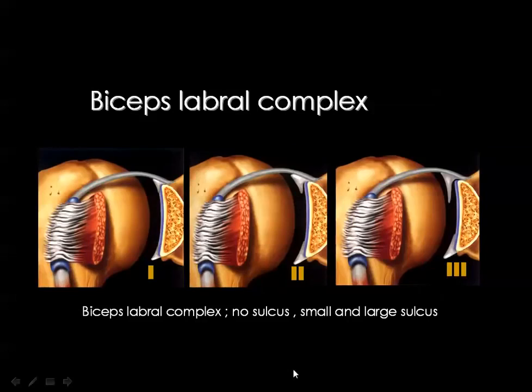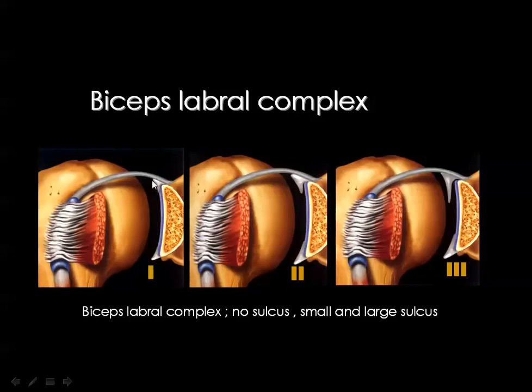Then we come to one of the important issues, which is the biceps labral complex. And you know that the biceps tendon, the long head of the biceps, will pass into the bicipital groove, will course above the head of the humerus to insert at the base of the superior labrum. Then we have to say that the superior labrum may have three normal appearances on MRI.